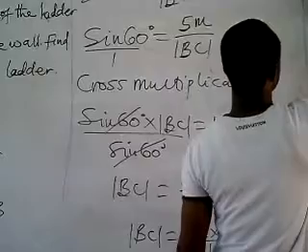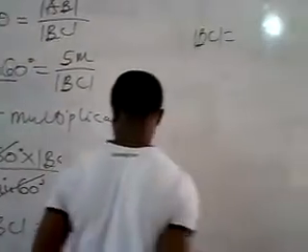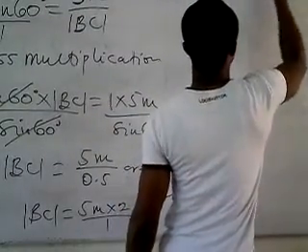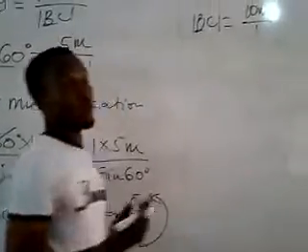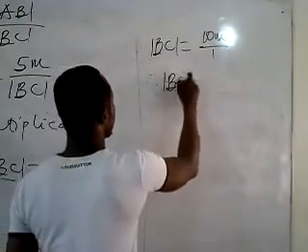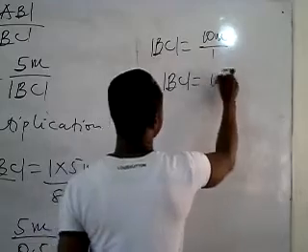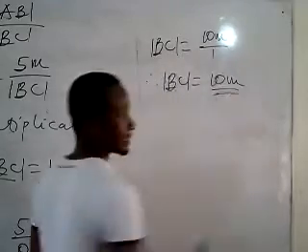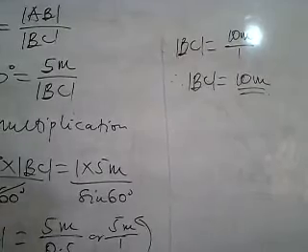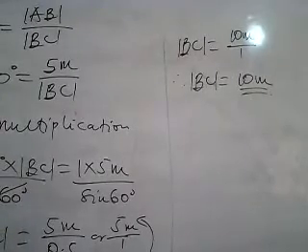So line BC equal to 5 meters multiplied by 2 will give us 10 meters over 1. We know that every whole number is over 1, so therefore line BC will be equal to 10 meters. That is the value for the height of the ladder.